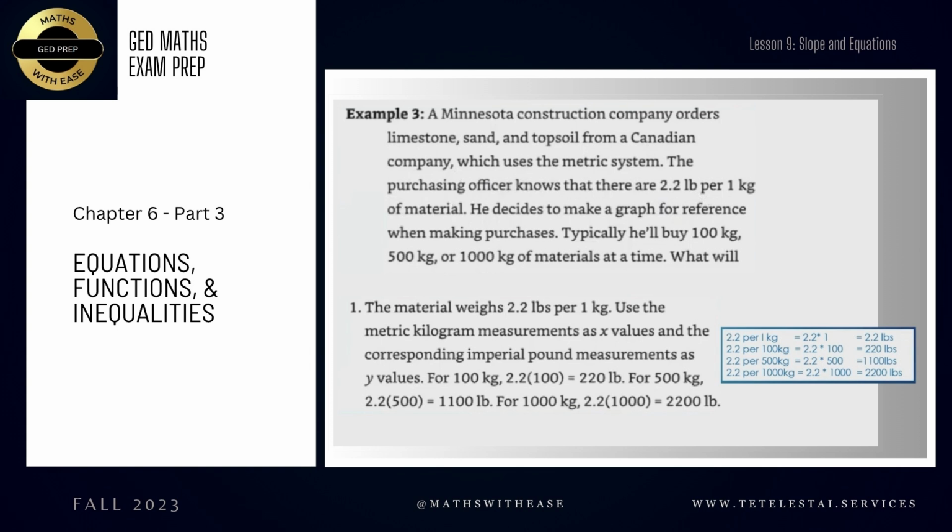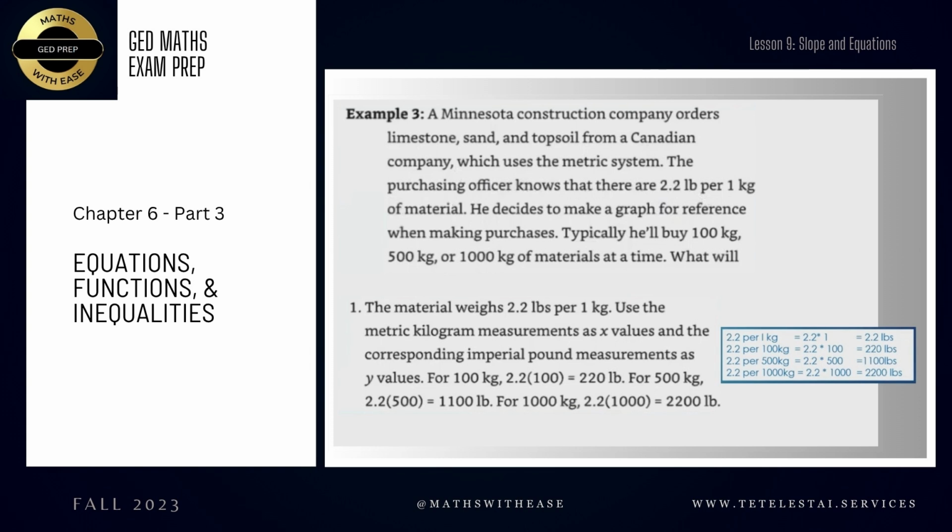So the first thing that we're going to do is establish the information that we already have, right? So that we know that the material weighs 2.2 pounds per kilogram. So we're going to use the metric kilogram measurements as X values and the corresponding imperial pound measurements as Y values.